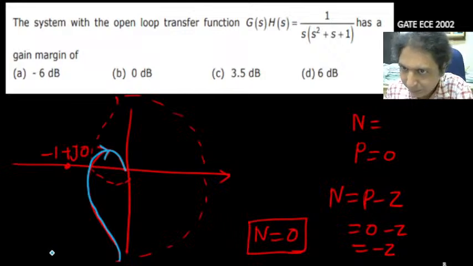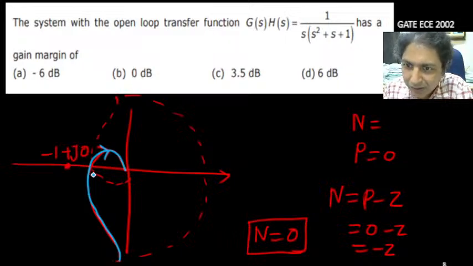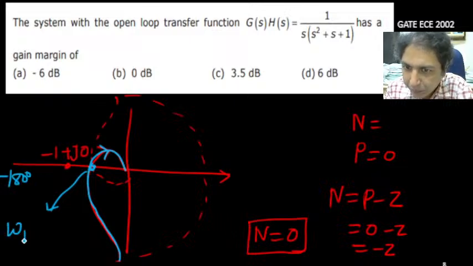Now the concept is, when it will cross this minus 180 degree axis, at which frequency it will cross, that frequency is called omega p, the phase crossover frequency.